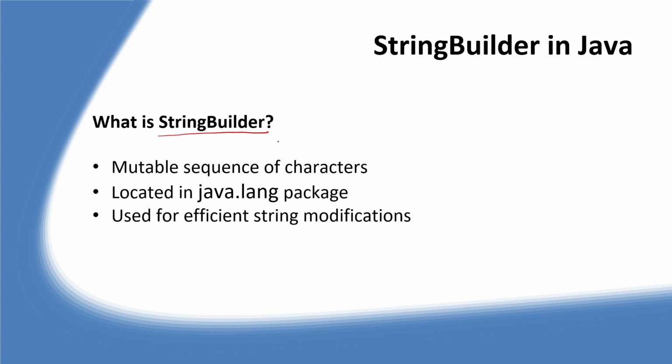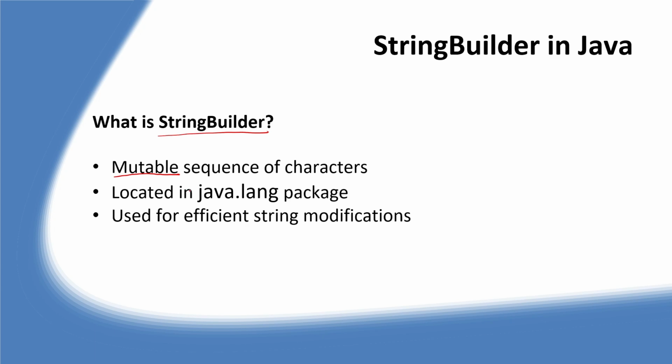Whereas in StringBuilder, objects are mutable. Mutable means we can modify the existing string. So that's why we use StringBuilder, which means their content can be changed without creating a new object every time.